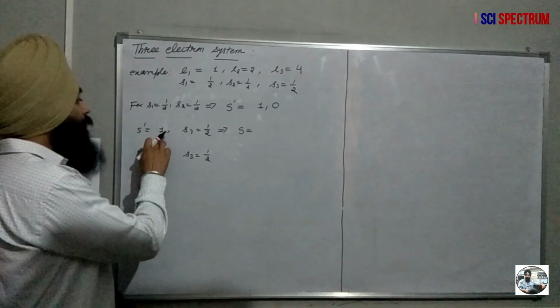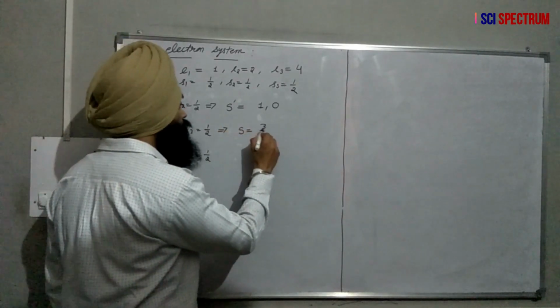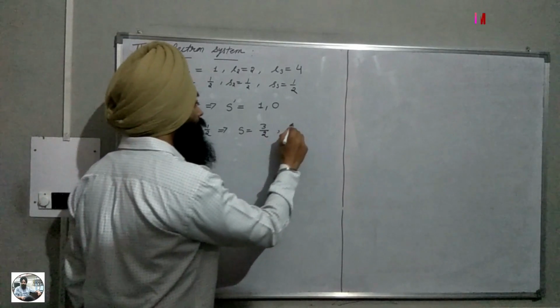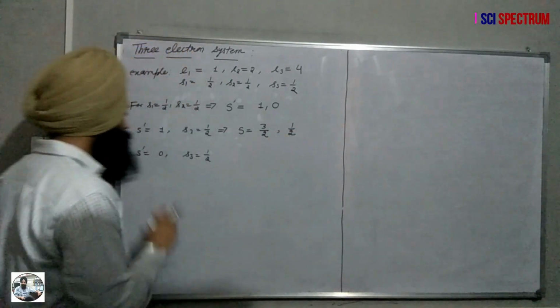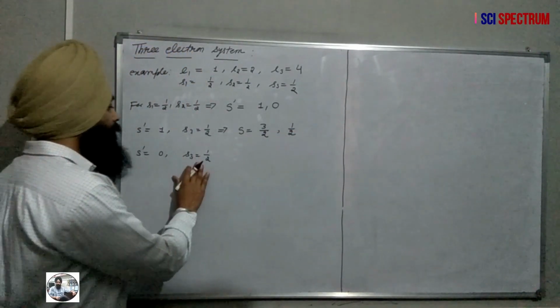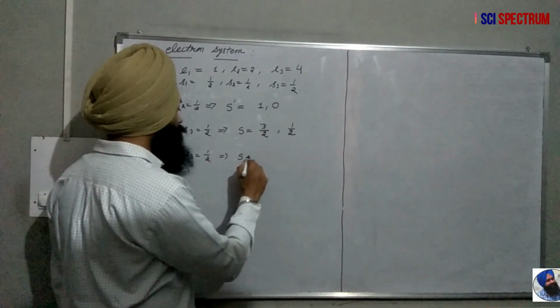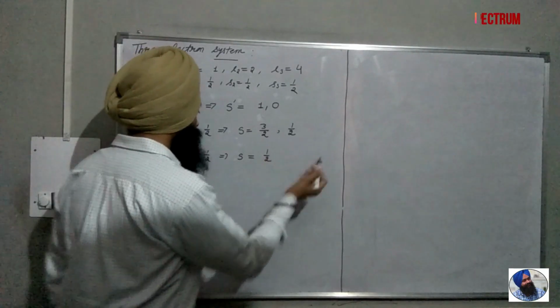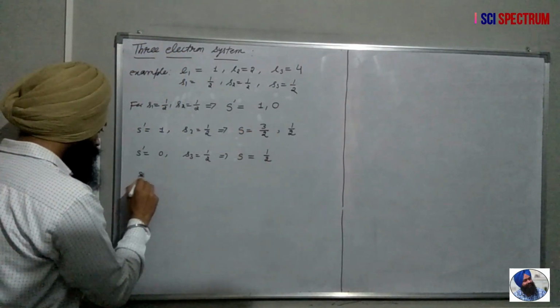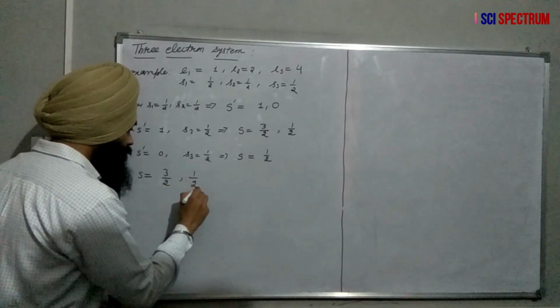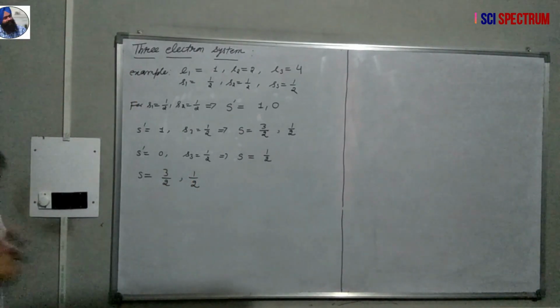So we have 1 plus half, 3 by 2, and 1 minus half is half. Again for S dash 0, S3 half, we have capital S value equal to half. So combining both of these, we have received these values of capital S.